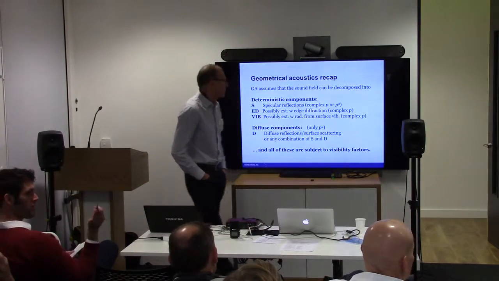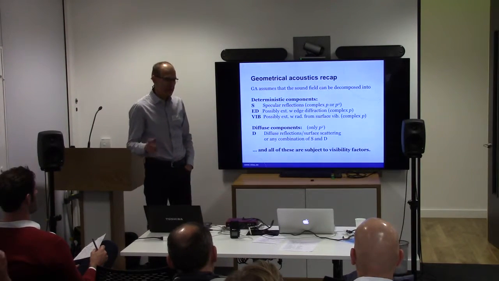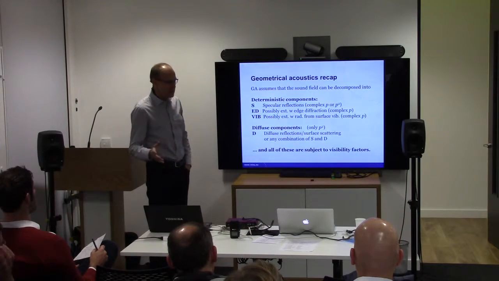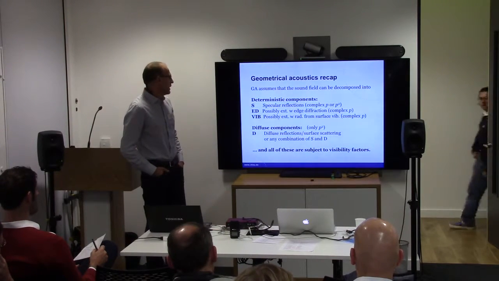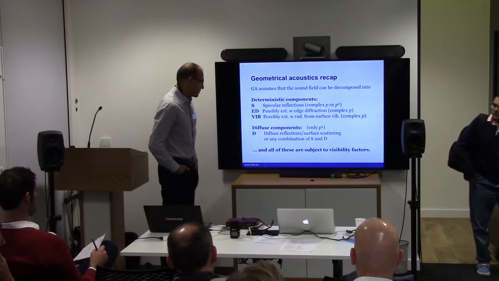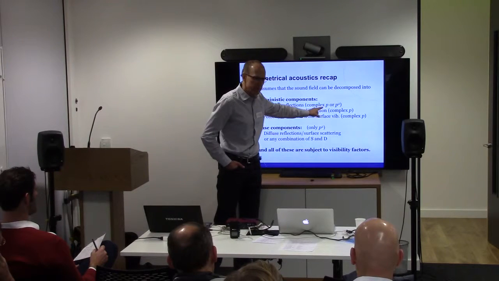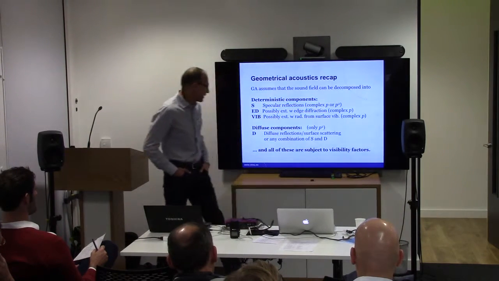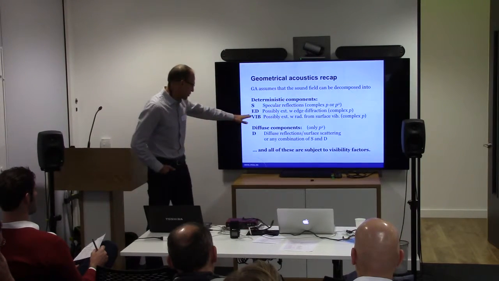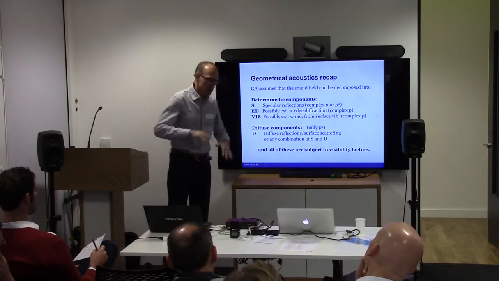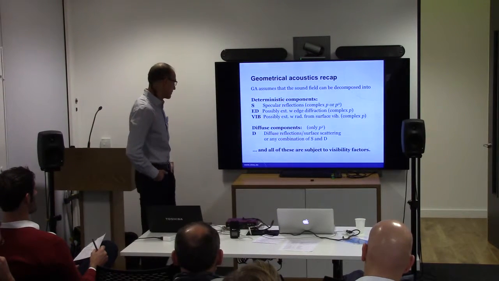A little recap of what geometrical acoustics is. In geometrical acoustics, we assume that we can decompose the sound field into deterministic components and what we can call diffuse components, or stochastic components. With deterministic, we have of course the specular reflections, which can be modeled in different flavors of geometrical acoustics, either taking the phase, complex pressure into account, or just studying pressure squared. It is possible to extend with edge diffraction, and it could be possible to extend it with radiation from surface vibrations. If we know a surface vibration, we could let them radiate following geometrical acoustics laws.